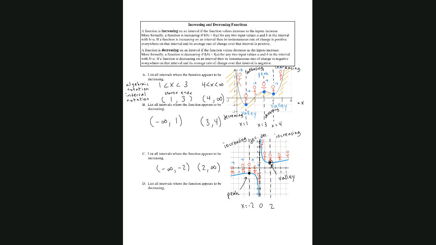You decrease to get to the valley, but you increase when you leave the valley. So that's why I won't include the 2 or the -2. Where are we decreasing? From -2 to 0 and from 0 to 2. I don't want to include 0 because we can't really tell what's happening at that point.